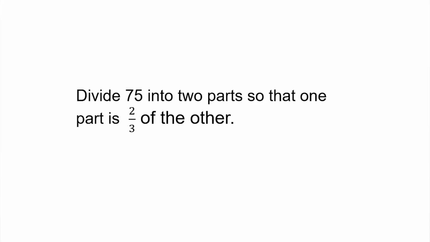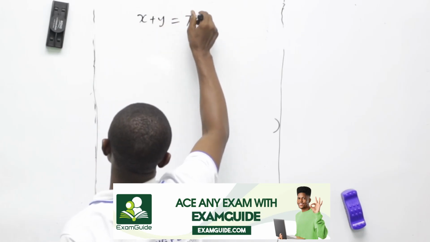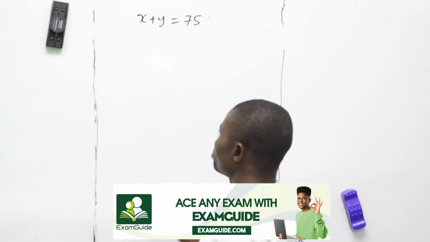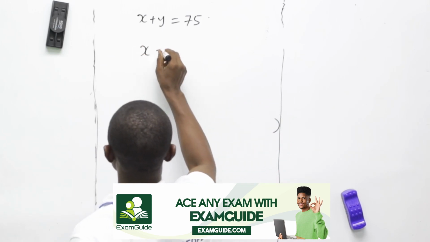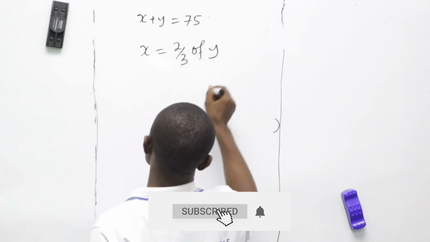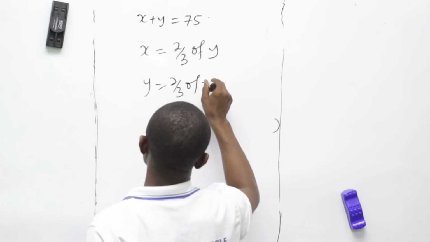Now, knowing the sum of these variables, that is x plus y, let the sum be the 75 they are talking about. Now, one part of this variable, meaning either x or y, is 2/3 of the other. Or you can say y equals 2/3 of x.